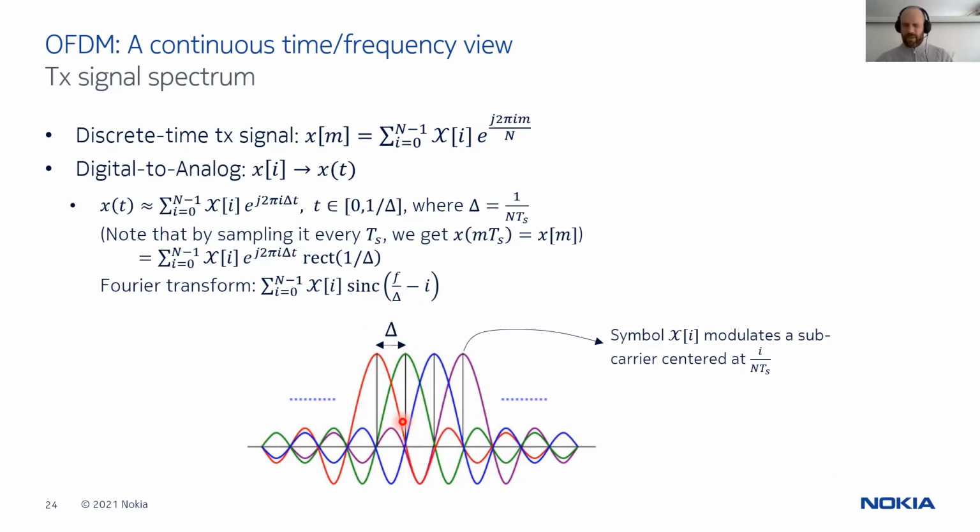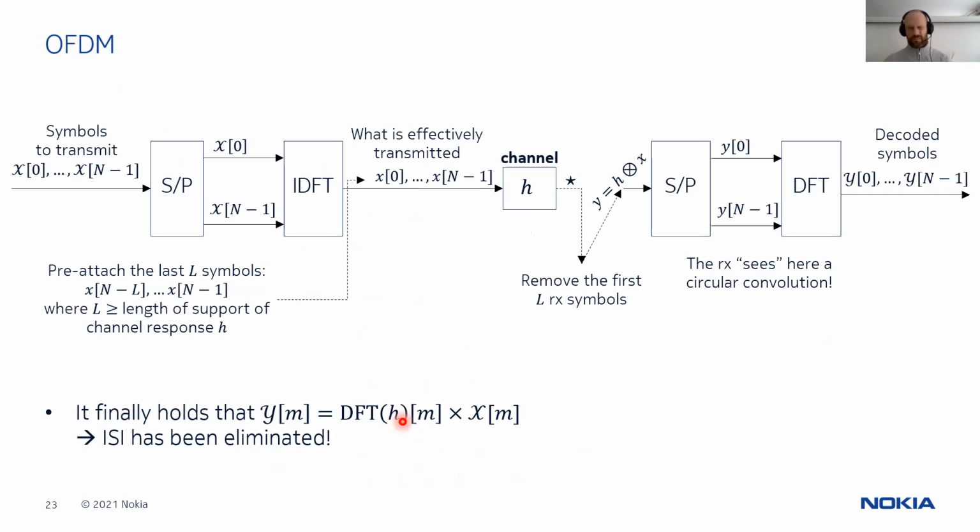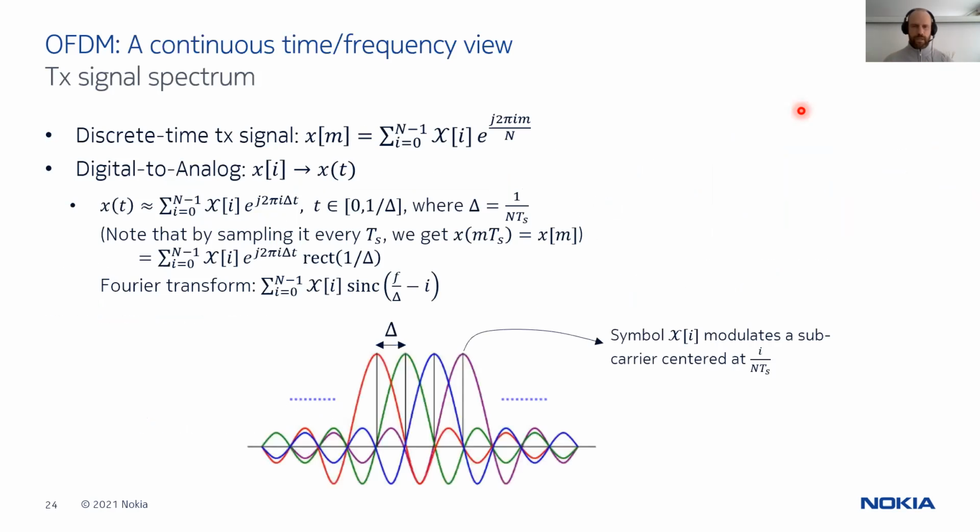It may be a little bit confusing, because this spectrum is the spectrum of a continuous-time signal, while here we didn't talk about continuous-time signals at all. Everything actually happens in baseband and in discrete time. So the two things, at least to me, are always confusing. This is why I wanted to at least give my personal view on this.